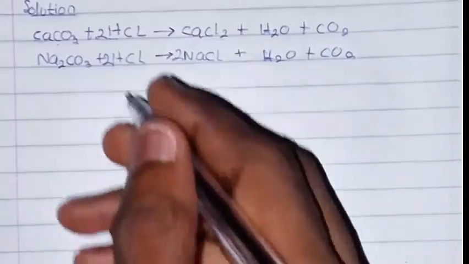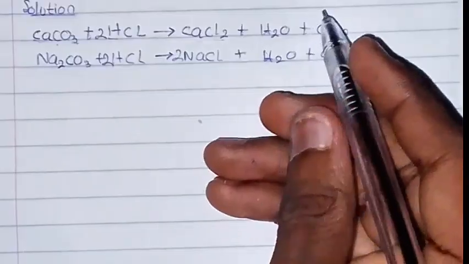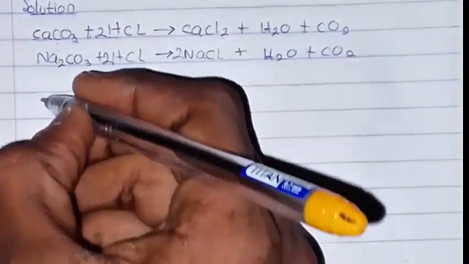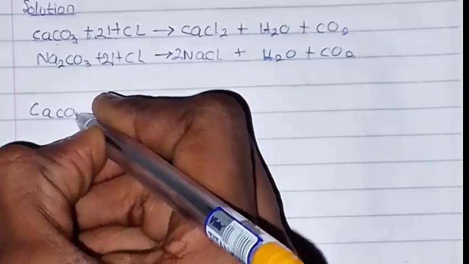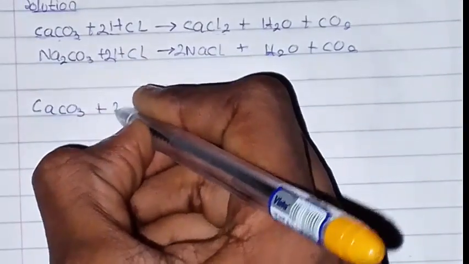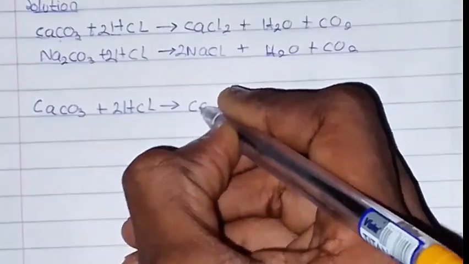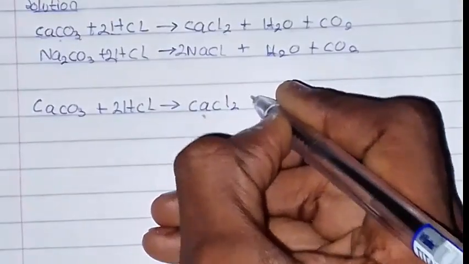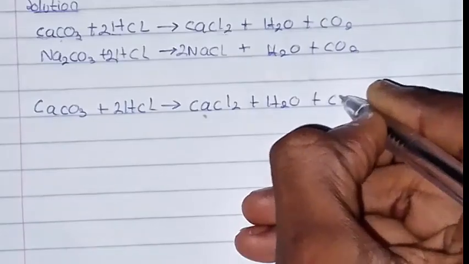Now, the question says 1 gram of CaCO₃ was reacted with excess 0.1 molar HCl. Let me write out the first reaction because that's what we're going to use. We have CaCO₃ reacting with 2 HCl, giving us CaCl₂ plus H₂O plus CO₂.